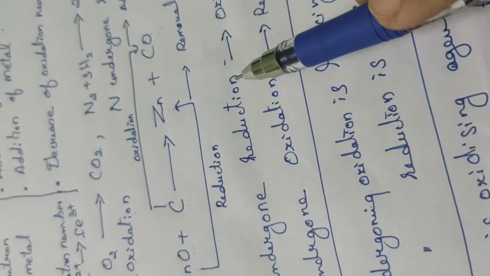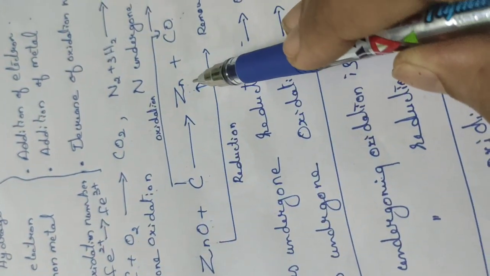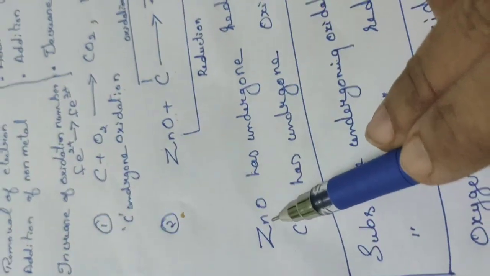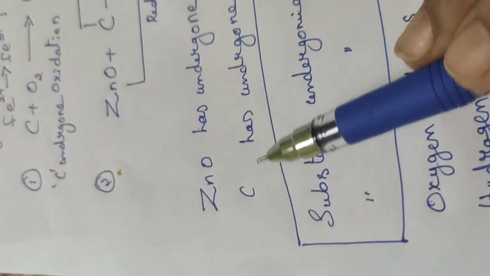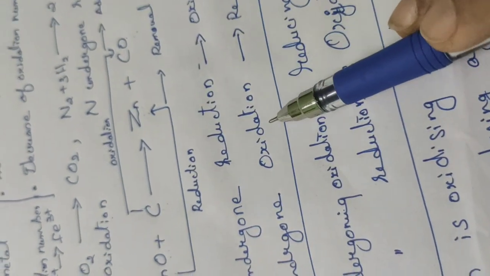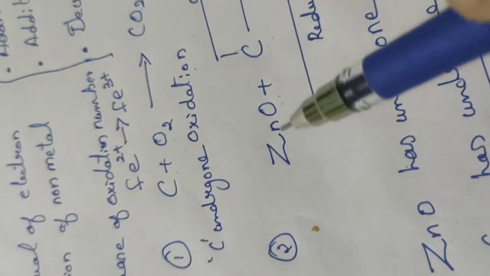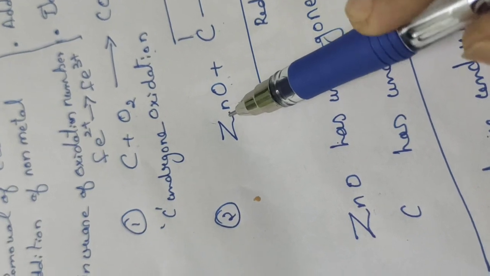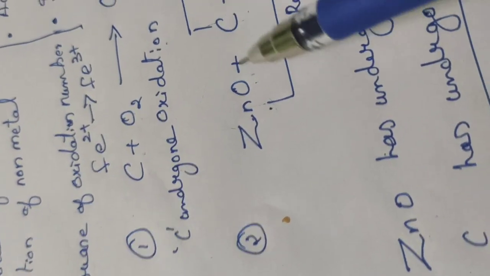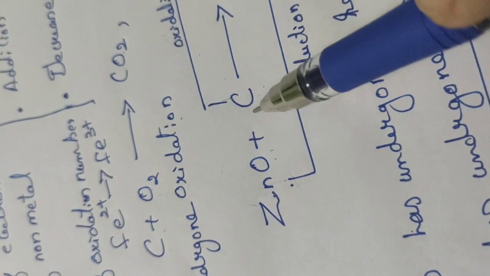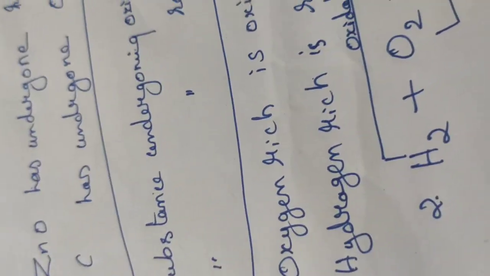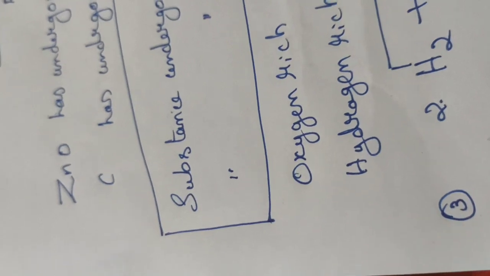ZnO has undergone reduction, so ZnO is the oxidizing agent. Carbon has undergone oxidation, so carbon is the reducing agent. So in this reaction, ZnO, the compound having oxygen in it, is the oxidizing agent, and the substance without oxygen is the reducing agent. That is an easy way to remember.